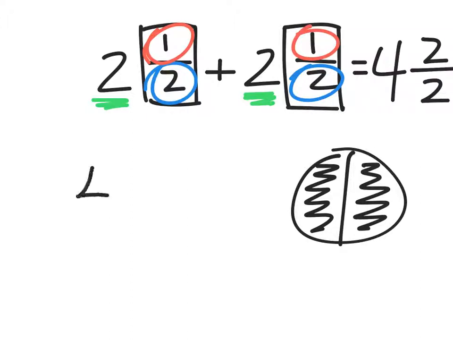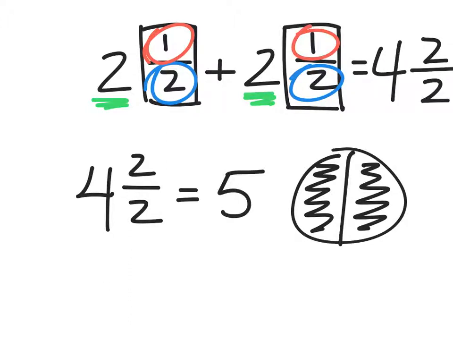So we know that 4 and 2 halves can be regrouped into 5 wholes. The 4 wholes plus the 1 whole that's equivalent to the 2 halves. So this is regrouped into 5. 2.5 plus 2.5 equals 5.